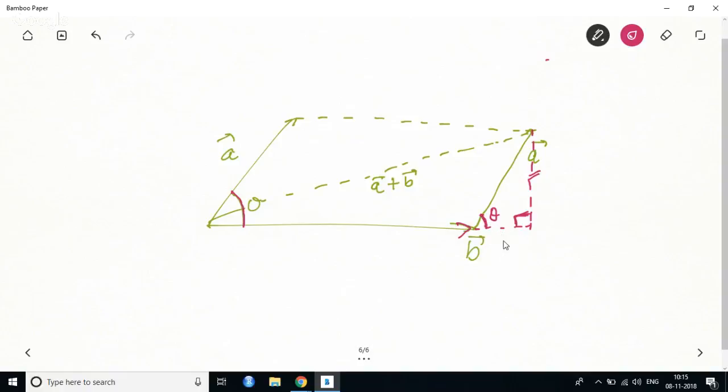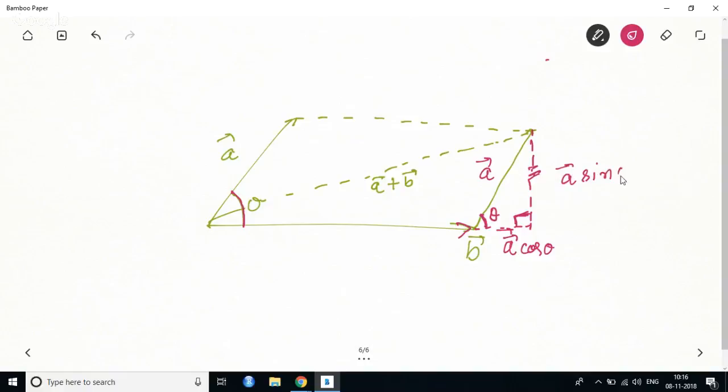What is this angle? Okay, one second guys. This is my A vector. So this vector would be A cos theta and this line would be A sin theta.